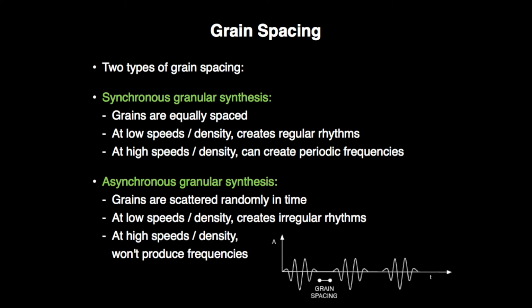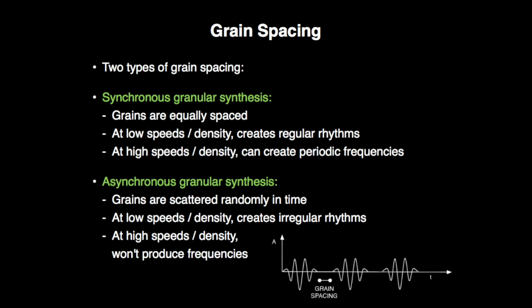But as we increase the speed and increase the density of the grains, this can lead to the granulator actually producing new frequencies. If you think about it, if we have all these grains and they all have the same envelope, and we have, say, 60 of those grains every second, one after another, synchronously spaced, equally spaced, well, that's effectively just like drawing a waveform. And we have 60 of those per second. That means 60 wave cycles per second.